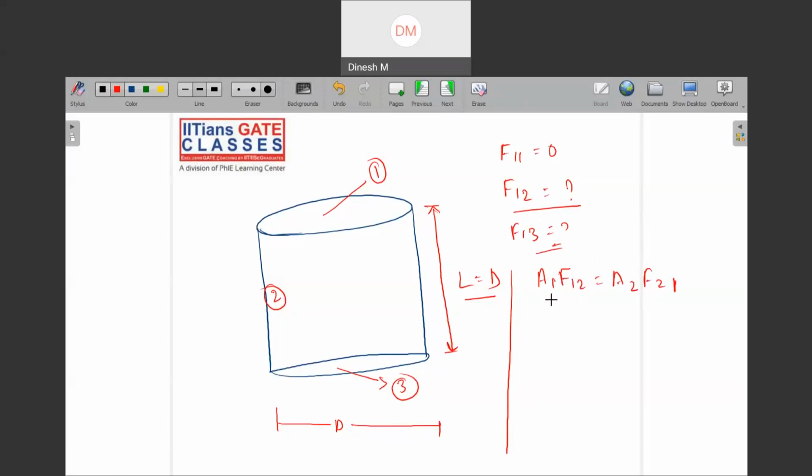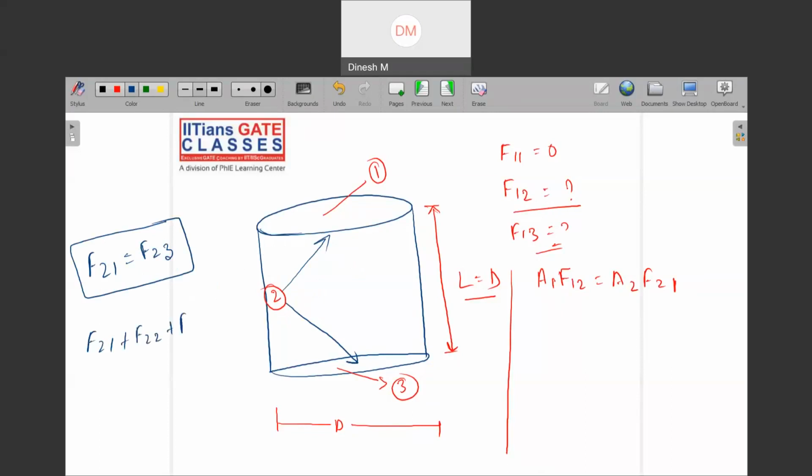Now I don't even know what F21 is, but I know one thing: from the symmetry I can see that F21 will be equal to F23. And I also know that F21 plus F22 plus F23 will be equal to 1.